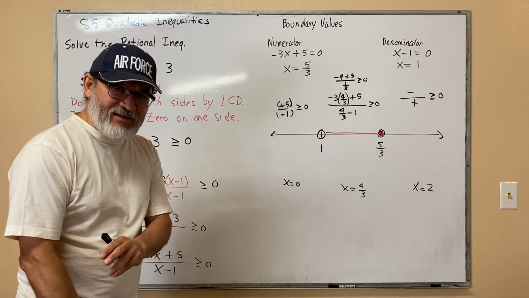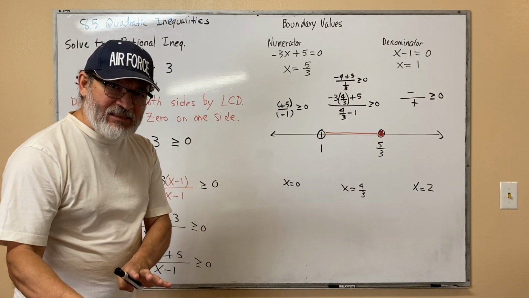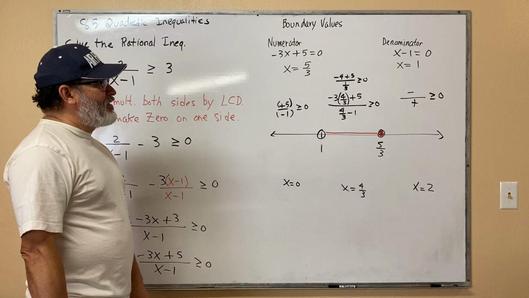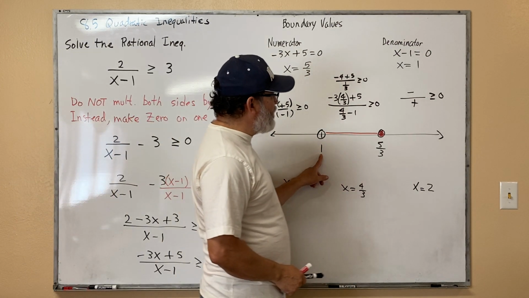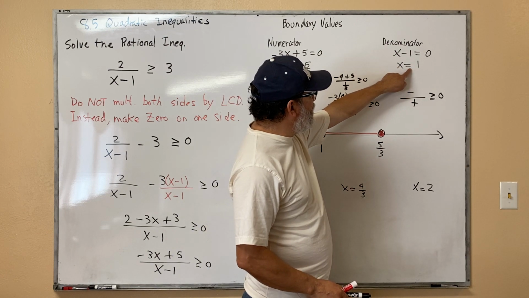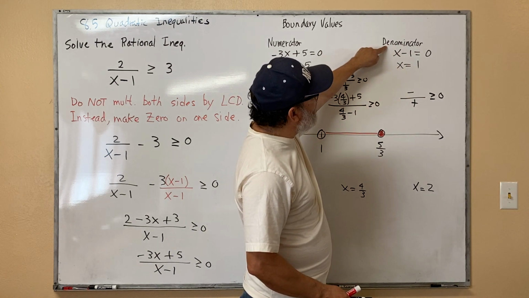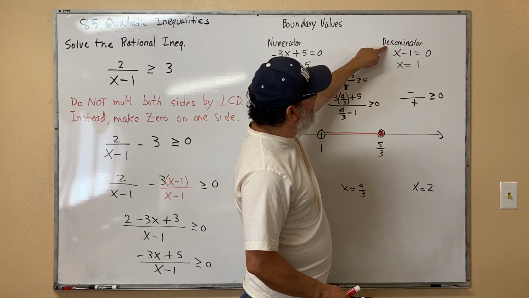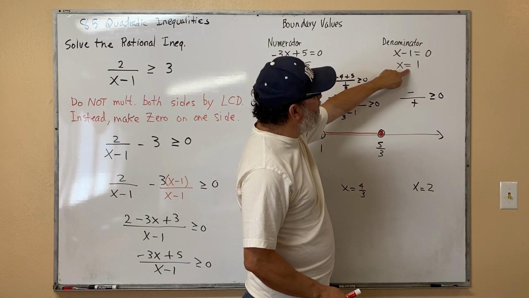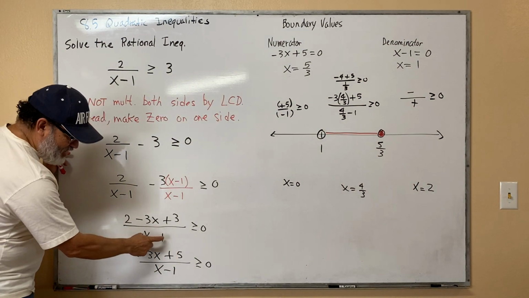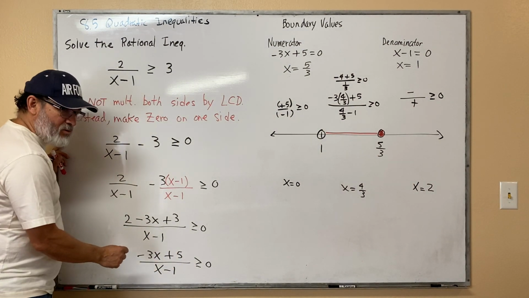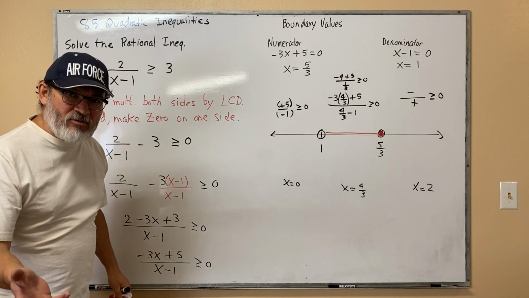Why not? Because this 1 comes from here, which is in the denominator. In other words, this 1 makes this denominator 0. Can you divide by 0?